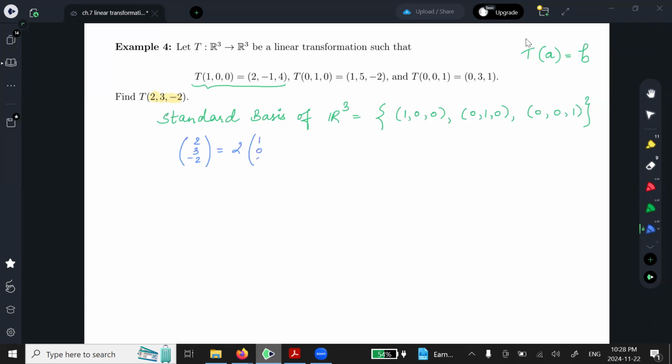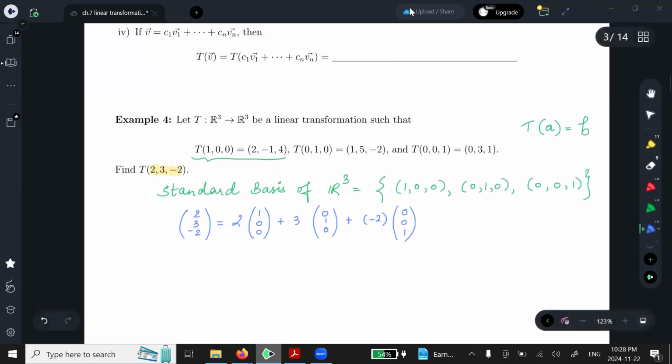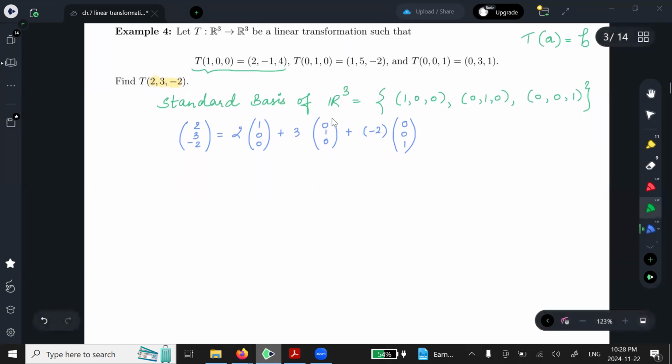And we have a standard basis on hand, so writing this as a linear combination should not be difficult. And I got -2 times the last vector. We use the property above of linear transformation. It distributes over addition and scalar multiplication. So applying the linear transformation, I'm applying the function value on both sides.